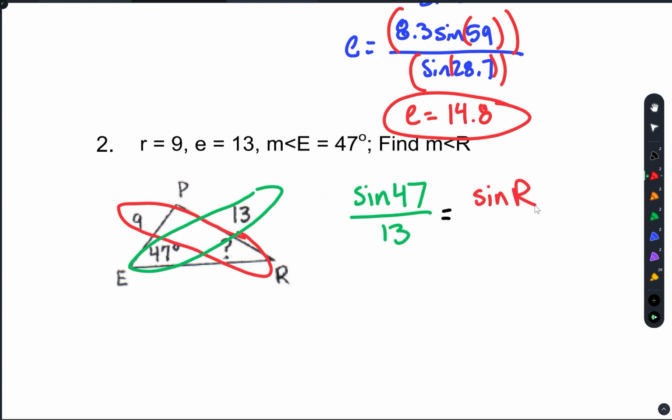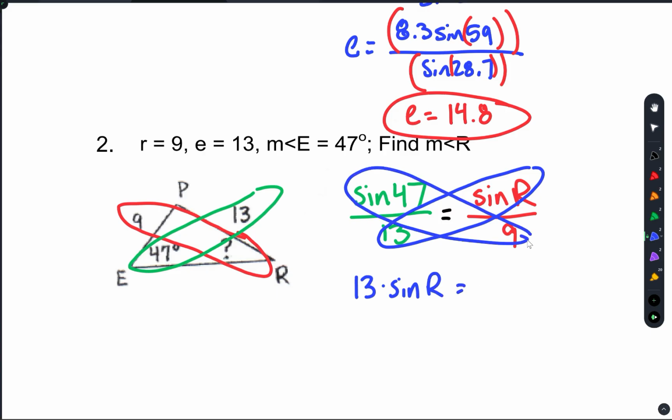This is sine R over 9. We're going to cross multiply. So this is 13 times sine R equals 9 times sine 47.